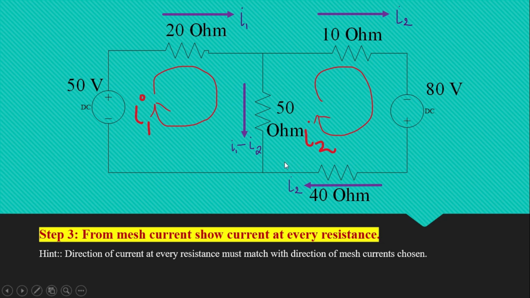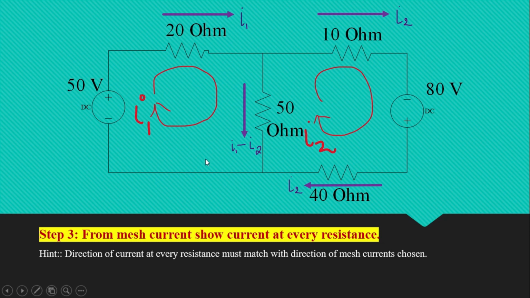If I take upward, then the current would be I2 minus I1, and both are possible. Students can take any one, but I am taking the current in the 50 ohm as flowing downwards, I1 minus I2. So this is my third step.